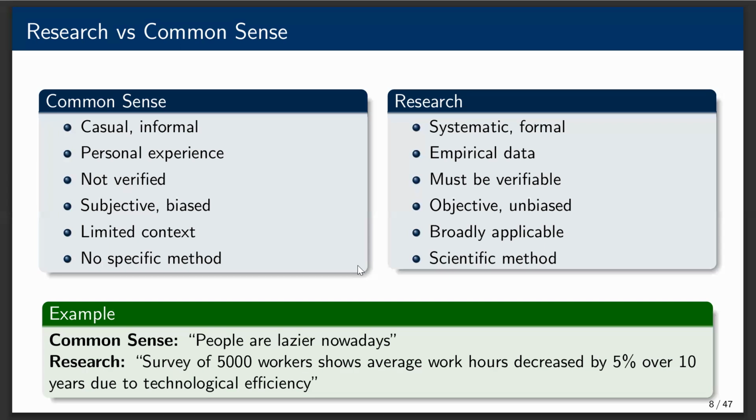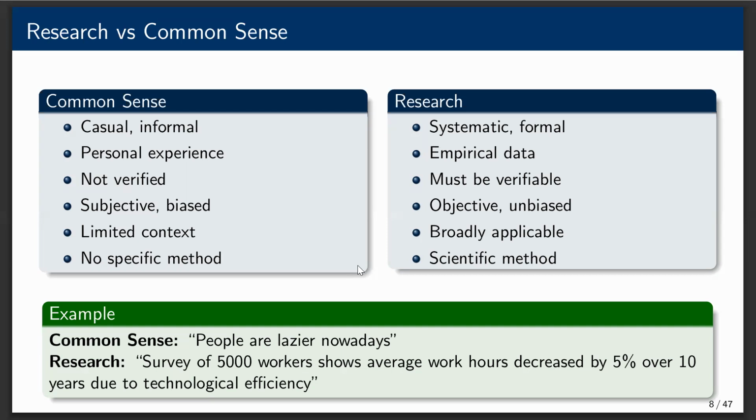So one example, very interesting example is given over here. Suppose the common sense is people are lazier nowadays. We say after the mobile, people are busy with, let's say, social media and all. So they are becoming lazy and lazy. Now, how you can prove this? You can do research. So it's a survey of, let's say, 5,000 workers.